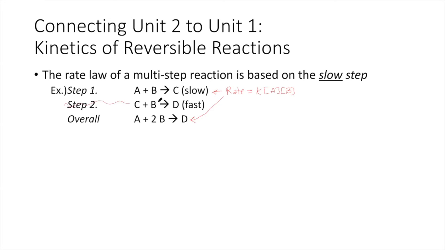The rate of the other step doesn't even matter because the overall reaction is going to be determined by the rate law of the slow step. Remember, we called it the rate determining step. So the rate law would just be the rate equals the rate constant times the concentration of A times the concentration of B. All right, well, all that was just review.